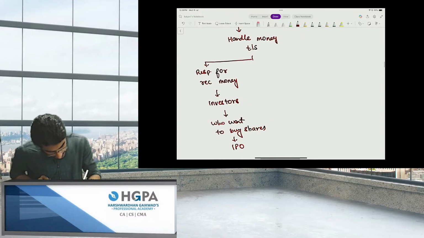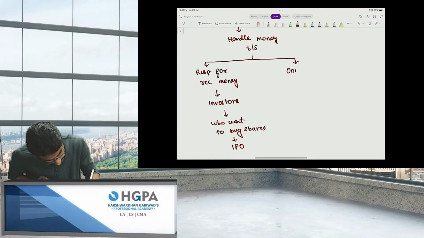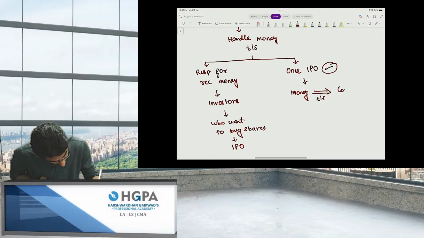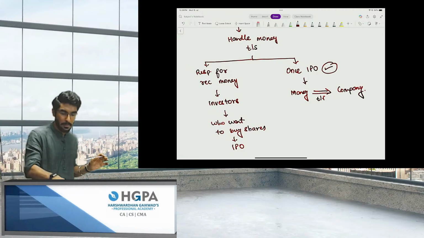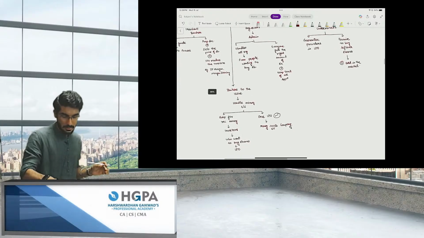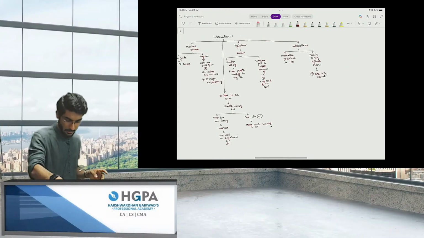Once the IPO is done, people, they will transfer the money back to the company. The money will be transferred to the company. This is the basic meaning of merchant banker.